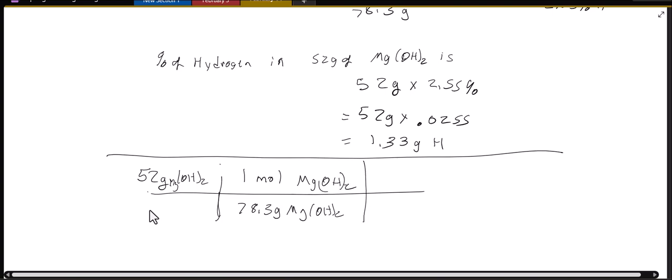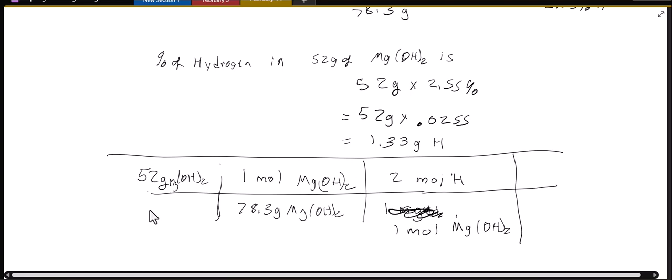Now I need to do a relationship because I need to get to hydrogen. So I'll say in 1 mole of magnesium hydroxide, there are 2 moles of hydrogen.